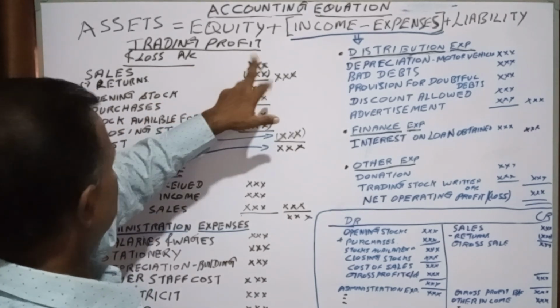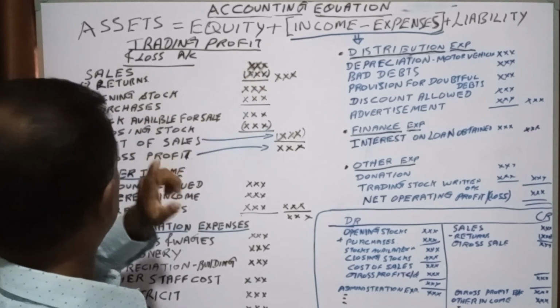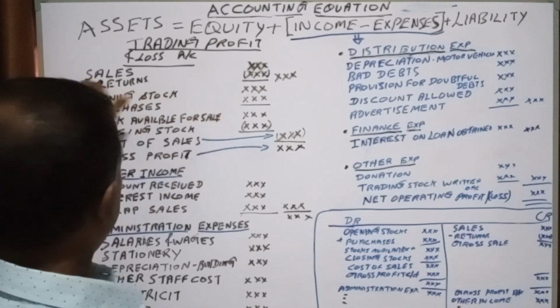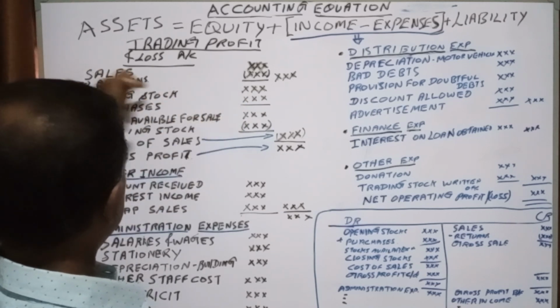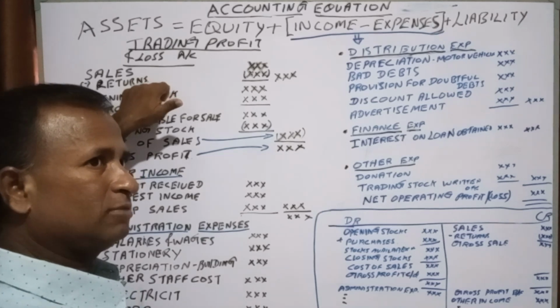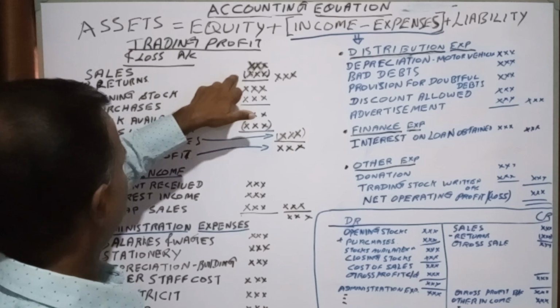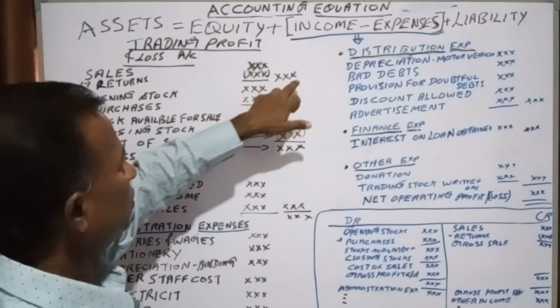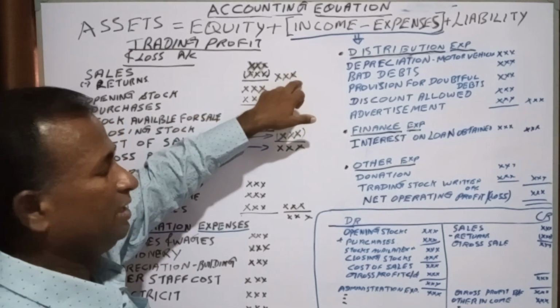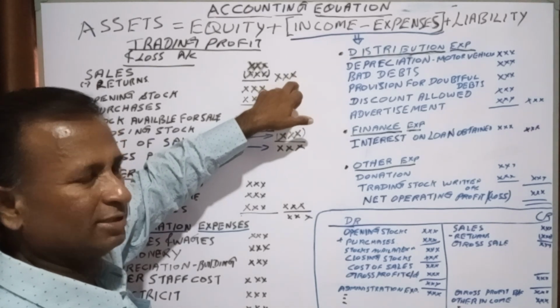Here we have mentioned sales. From the sales, we are deducting the sales returns, the returns made out of our sales. We have to deduct it to show the gross sales. That one is the correct sales.